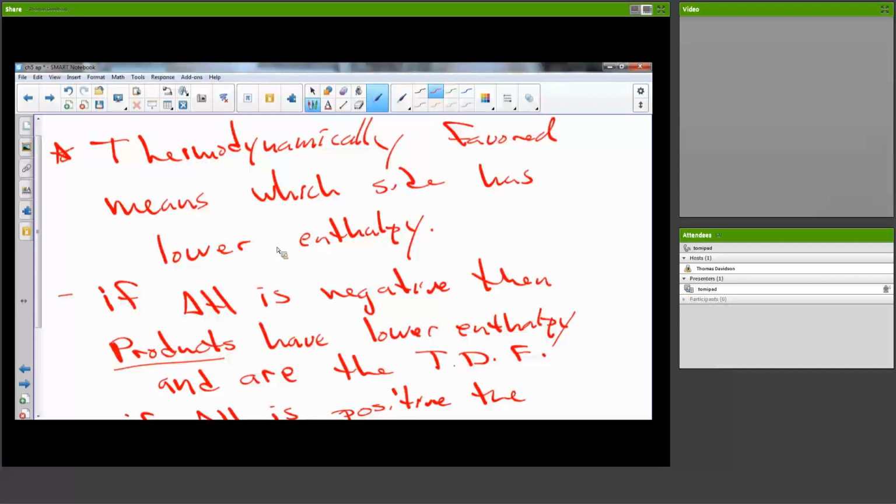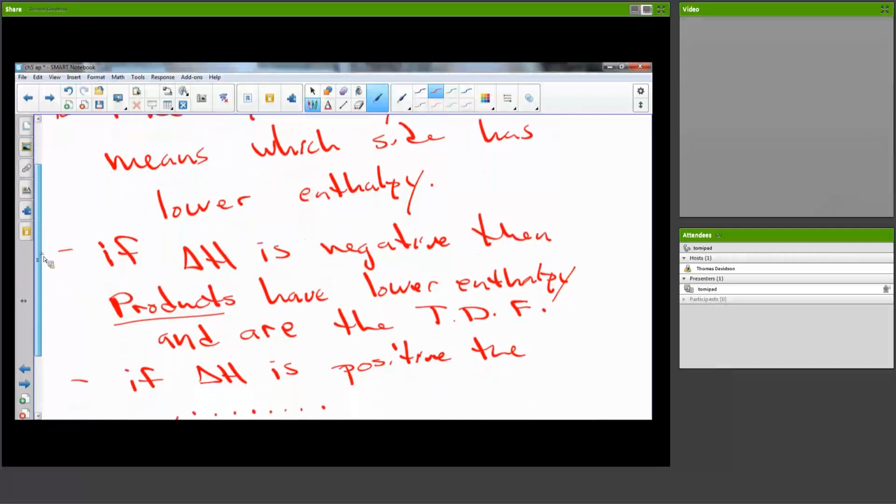So thermodynamically favored means which side has lower enthalpy, because nature favors lower energy. This is not a negative sign, it was just a dash.